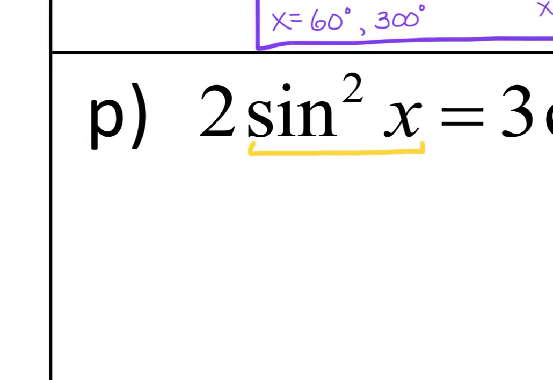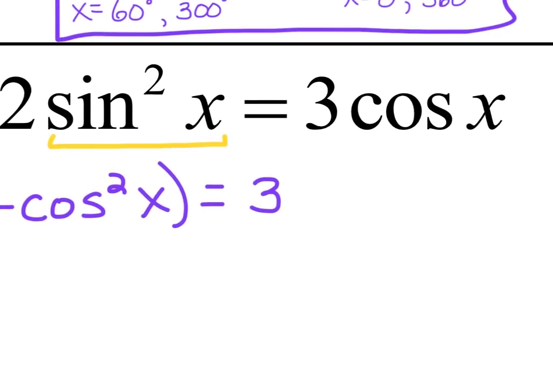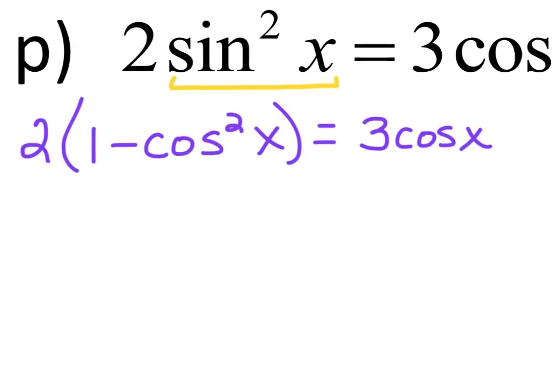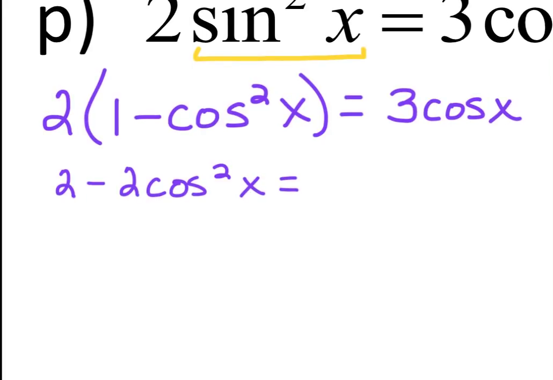And so I'm going to replace that with parentheses here: 2 times 1 minus cosine squared of x equals 3 times cosine of x. I'm going to distribute that 2. So now I have 2 minus 2 cos squared of x equals 3 cos of x.